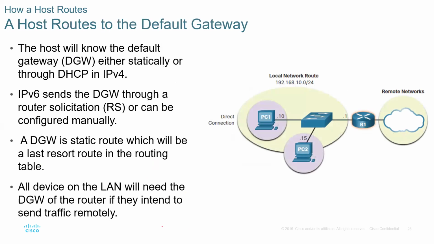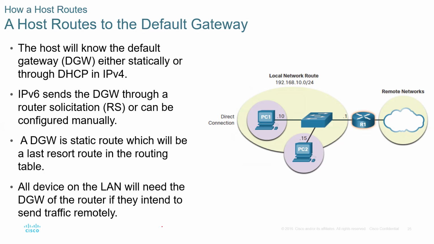A host will know the default gateway either statically or through DHCP. Statically, in a basic configuration, even when we configure an SVI, we manually configure the default gateway on our switch as well as on our PCs. That was manually configuring the IPv4 address.